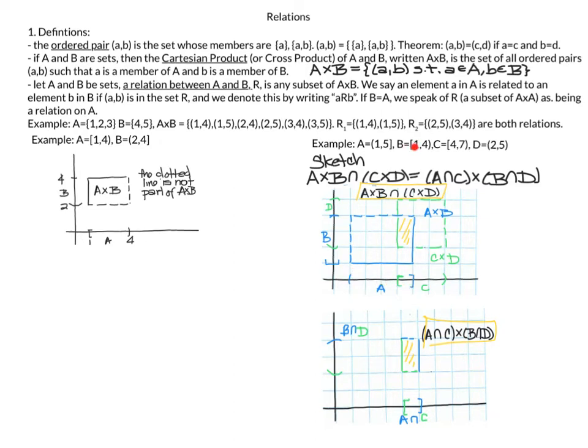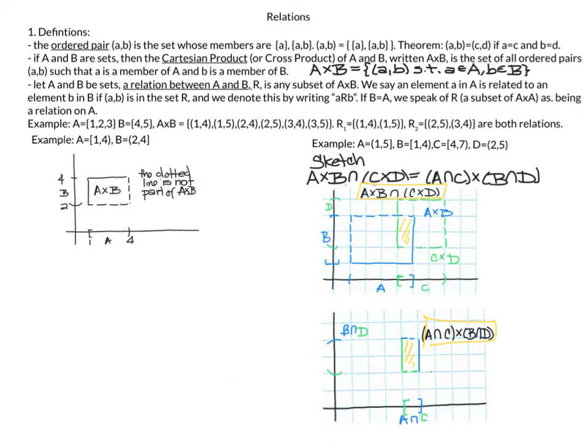And B is the interval 1, 4, where 4 is open. I'm going to intersect that with C cross D. Again, C cross D are ordered pairs where the first element, the x element, comes from C, and the second element comes from D. So I'll sketch C on the x-axis and D on the y-axis. C is 4, 7, open at 7, and D is 2, 5.